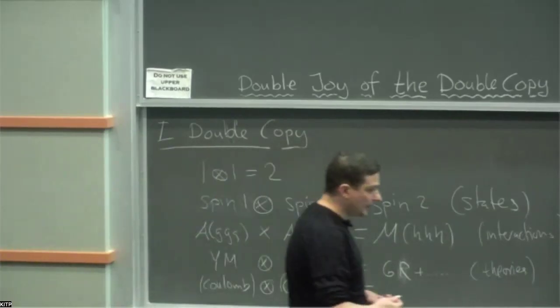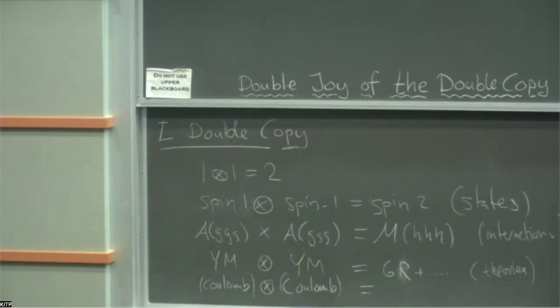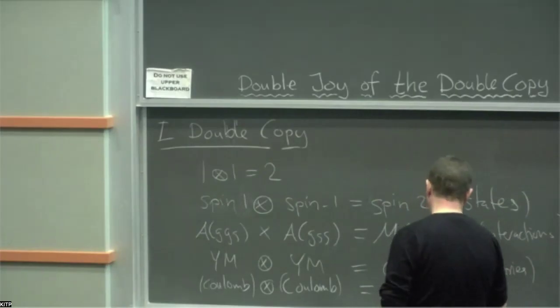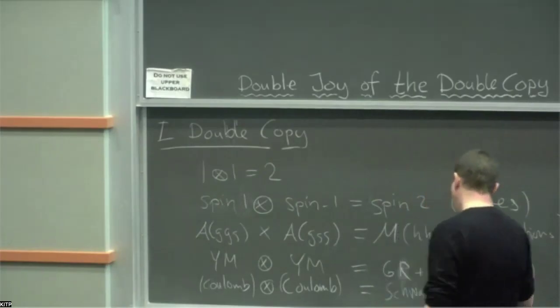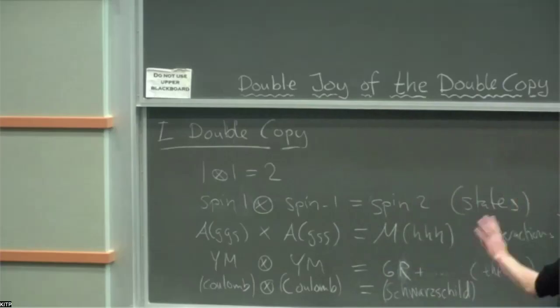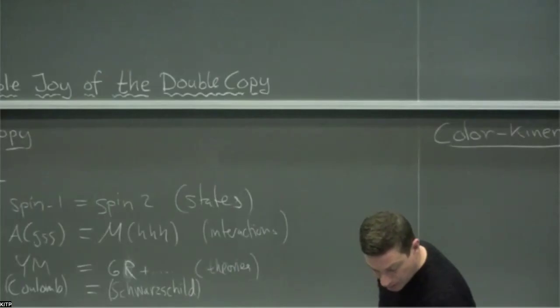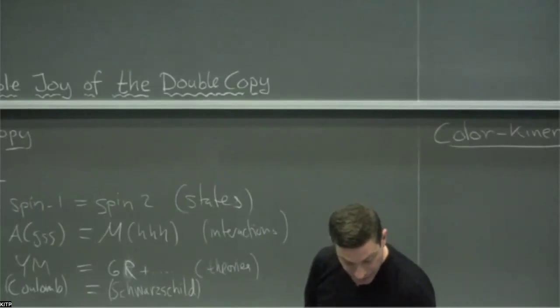Maybe not the simplest one, but one of the simpler ones, which is the Schwarzschild solution. That's slightly different from how you do it for amplitudes, so I will come back to that later, maybe this afternoon. But that's basically a very concise summary of what the double copy is, and of course I will go into details.